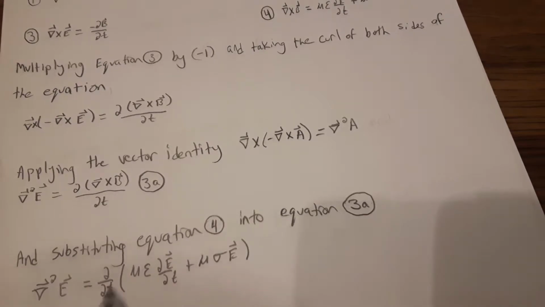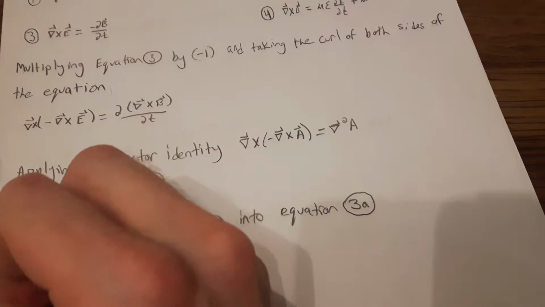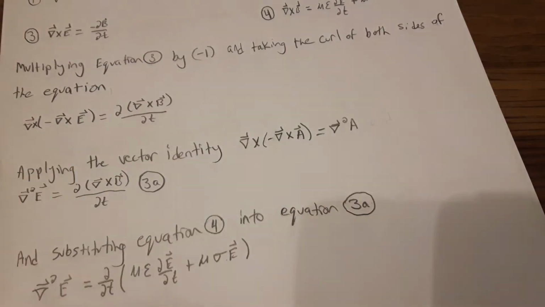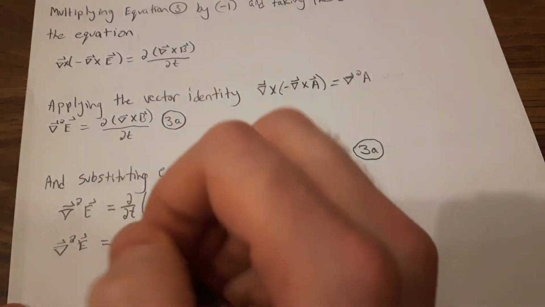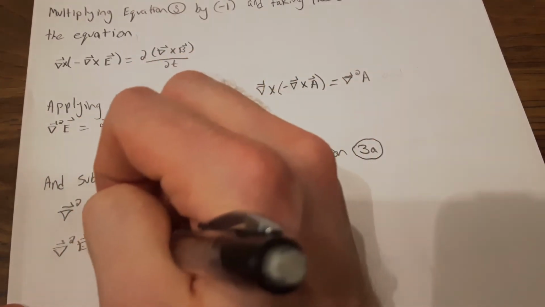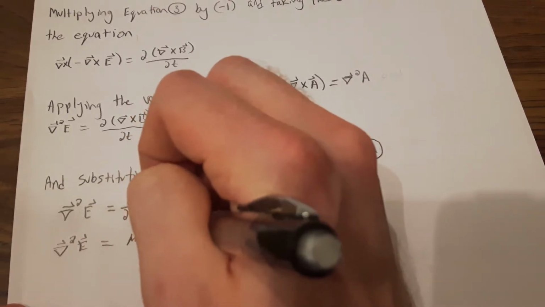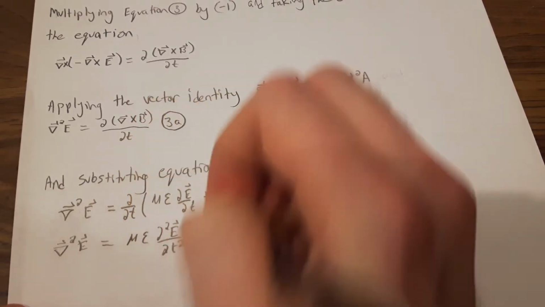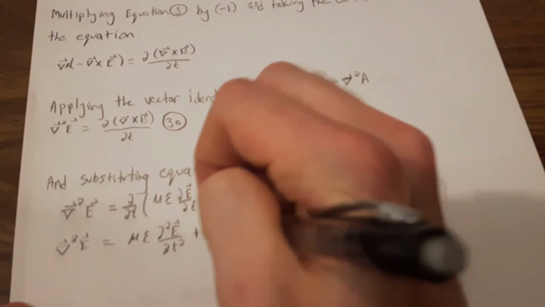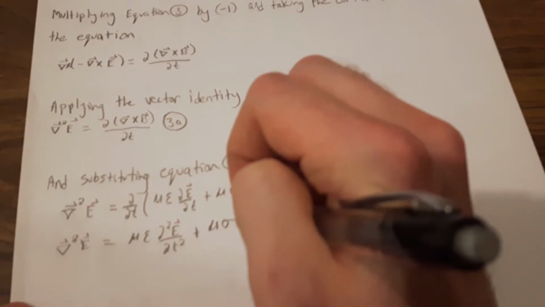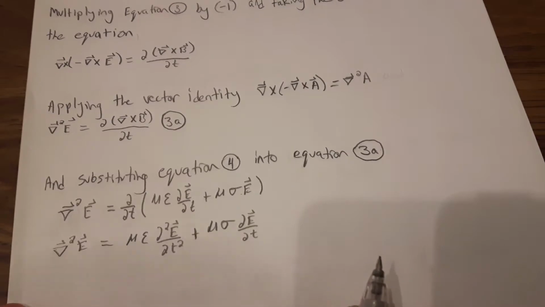We're then going to take this derivative, so we find that the Laplacian of the electric field is equal to mu times epsilon times the second time derivative of the electric field plus mu times sigma times the first time derivative of the electric field.